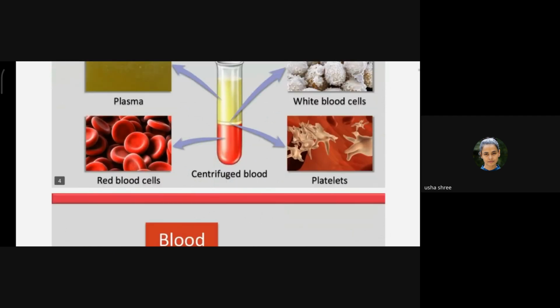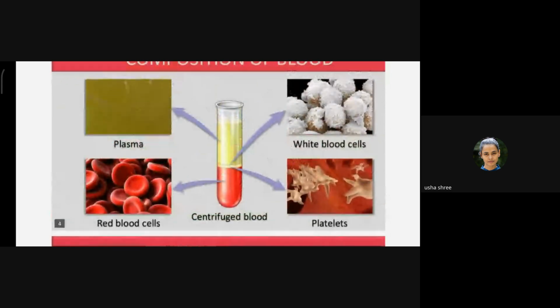Okay. Now, in this test tube, it is shown that if we take a blood sample and store it in the laboratory, then the blood cells will sediment.